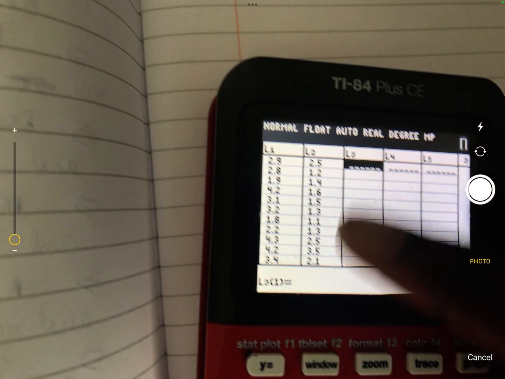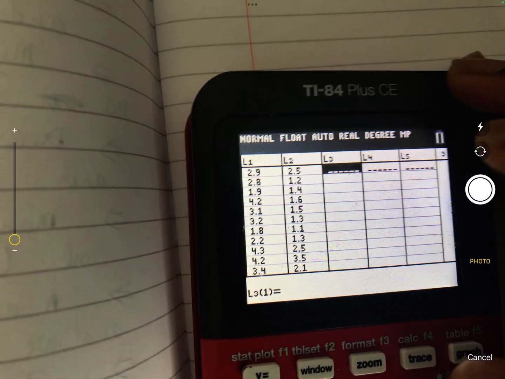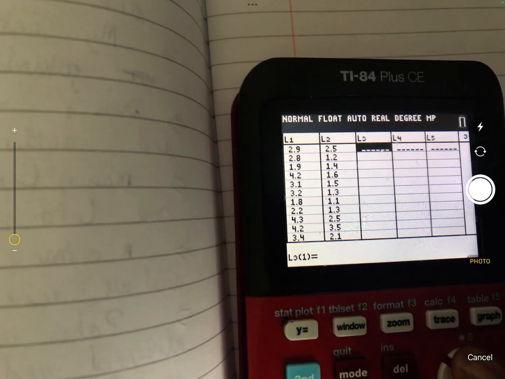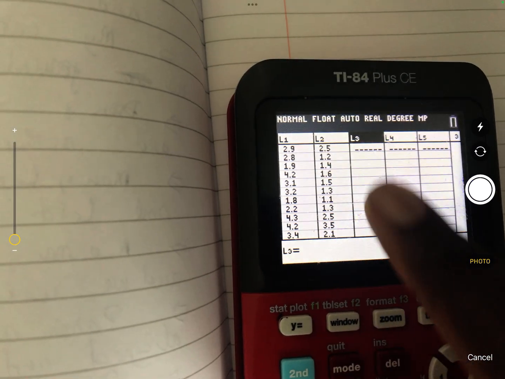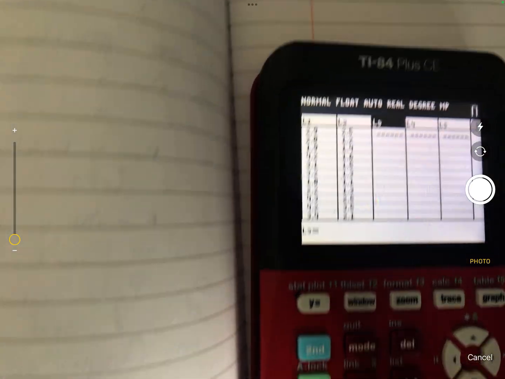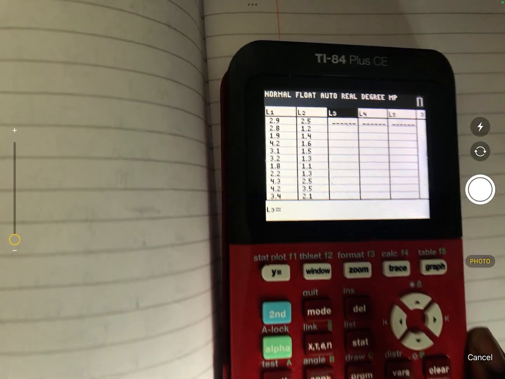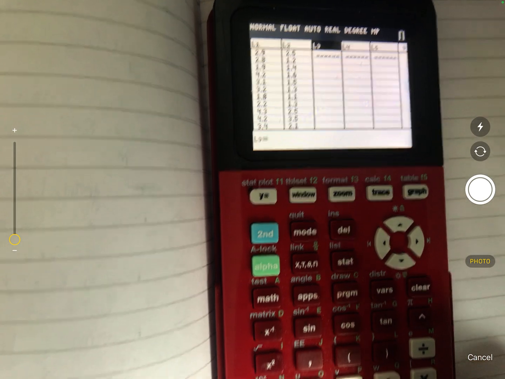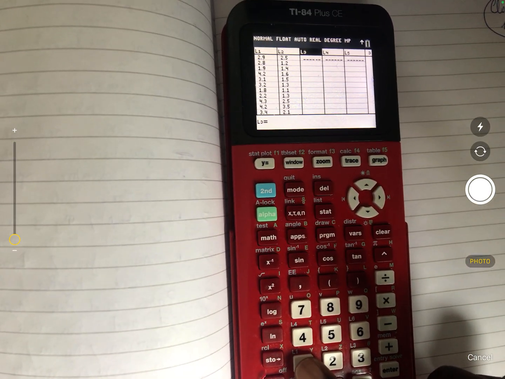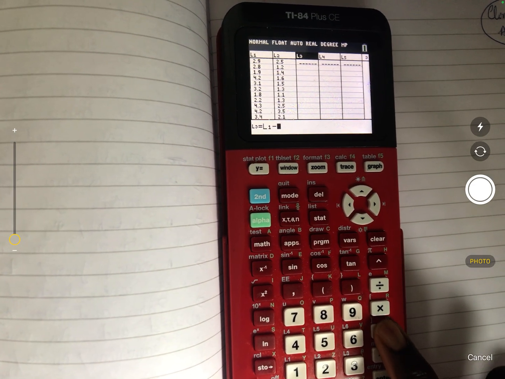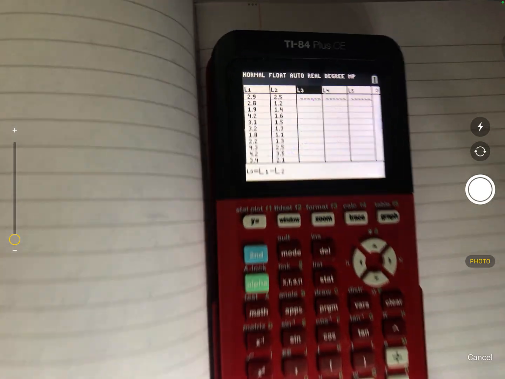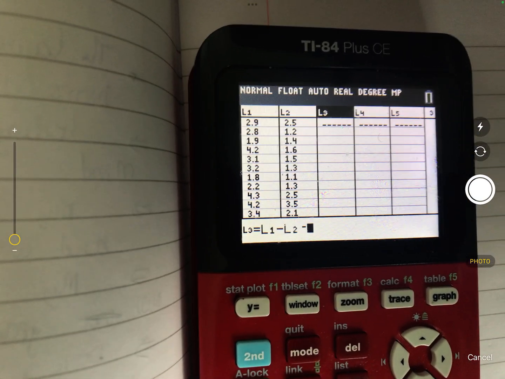Once you have your data in just like this, the next thing you need to do is create a third column. We're going to call it L3, where we're looking at just the paired data. So highlight L3, just like you see me highlighting. Then you go to second function, L1, minus second function, L2, and you press enter.